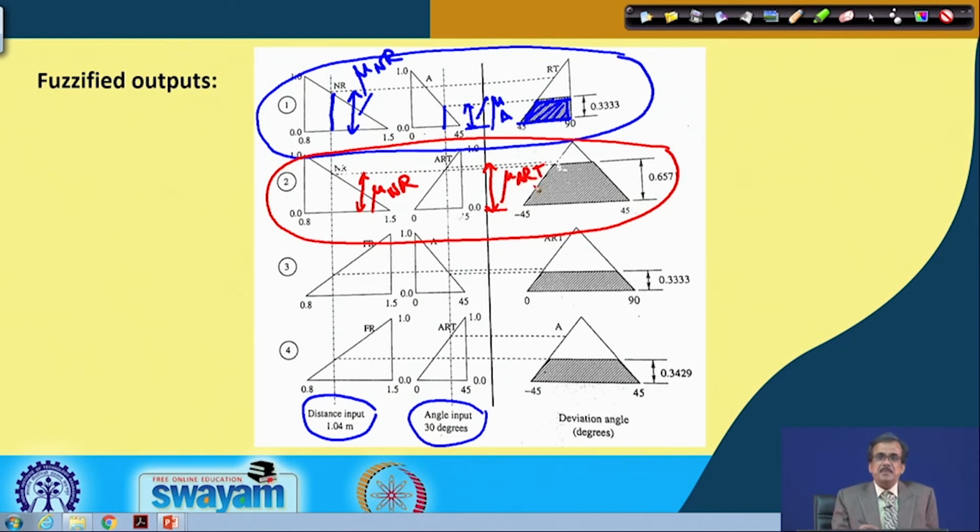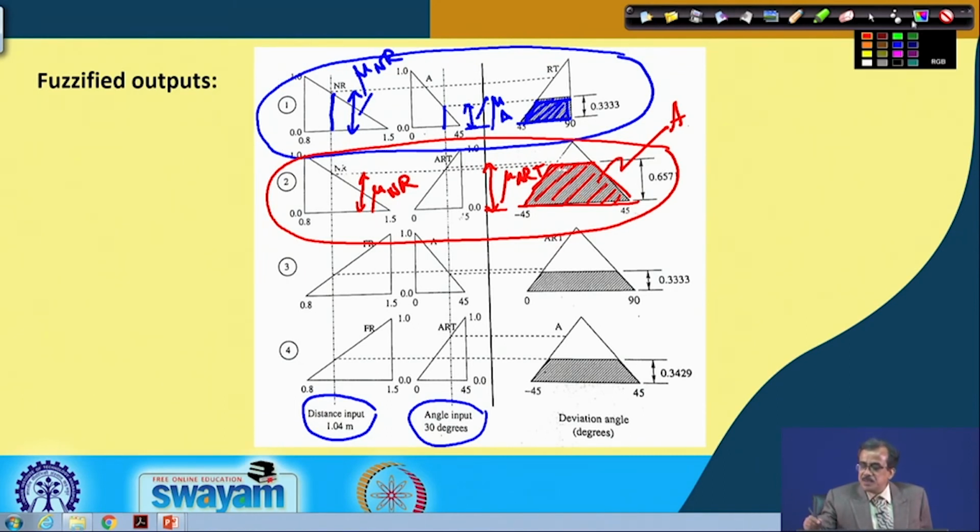If I compare these two mu values, the minimum will be your mu n r, and corresponding to that I can find out what could be the fuzzified output. This is nothing but the fuzzified output, and truly speaking this is the membership function distribution for the ahead direction. Okay. So, this shaded portion is nothing but the fuzzified output corresponding to the second fired rule.